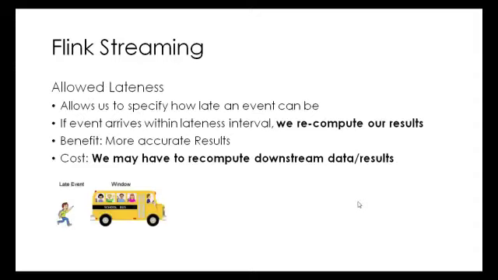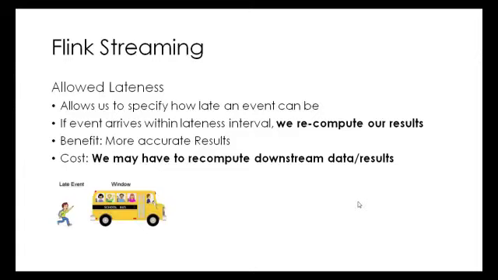Allowed lateness is the third major approach or feature that Flink provides to help you with this kind of problem. This is slightly different than the other two. What this one does is it says, I'm going to have my windows. Let's say I want to know all the events that happened within a certain time frame, like 10 minutes. And things might be late. That's okay.